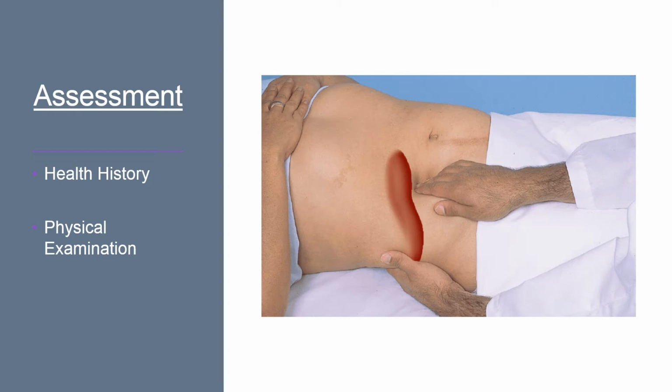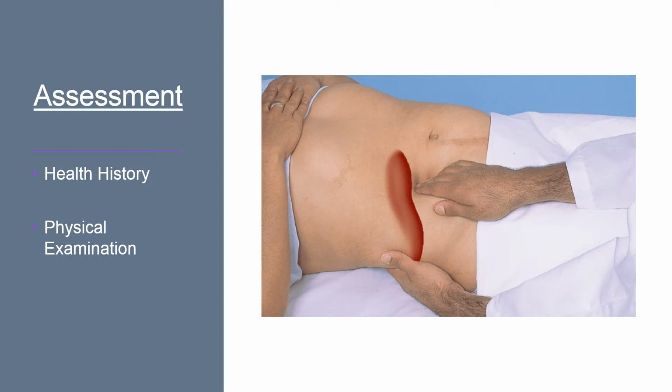You want to ask about lifestyle behaviors, particularly psychiatric or psychological issues, because that will affect the medications that they may take. You want to ask about a family history of cirrhosis, gallstones, alcohol abuse, genetic disorders, symptoms of jaundice, altered mental status.